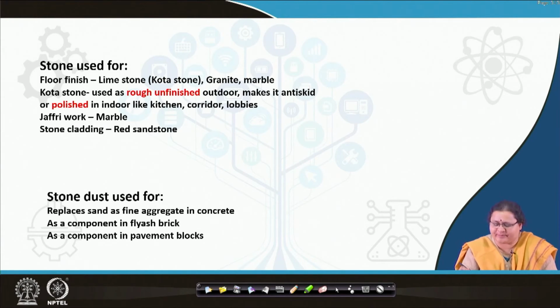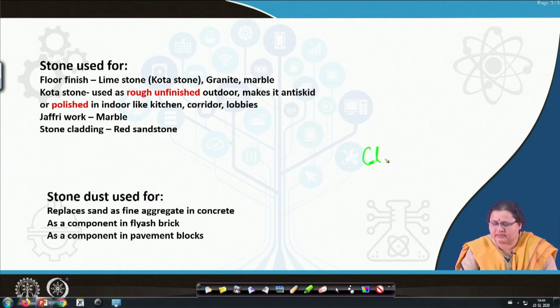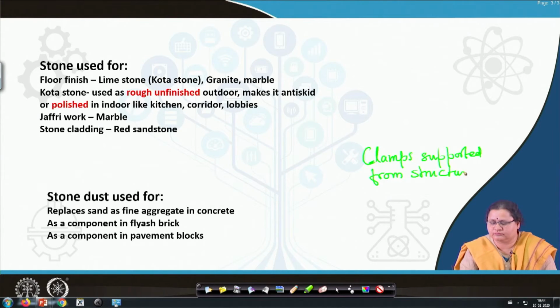So, you have clamps supported from the structural wall, and thin pieces of stone, sandstone usually, are clad, are supported, are hanging with interlocking between each other.